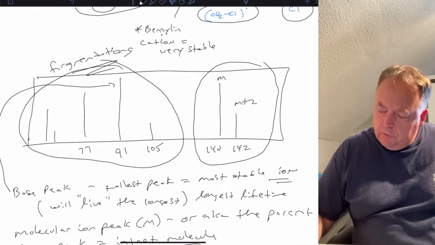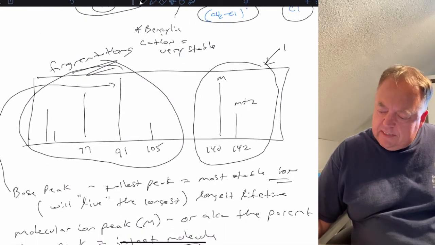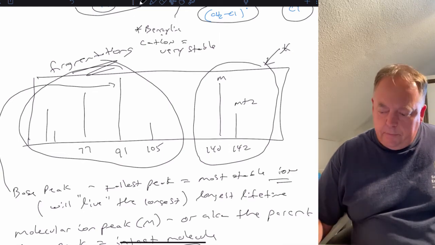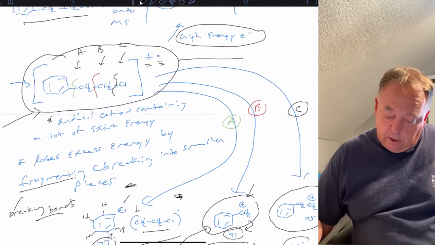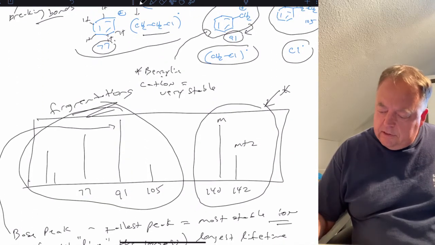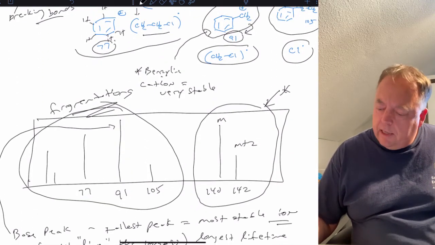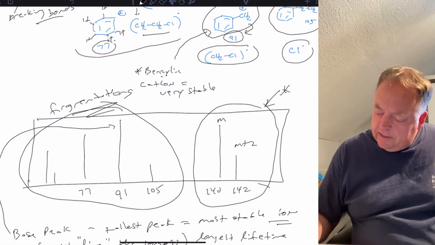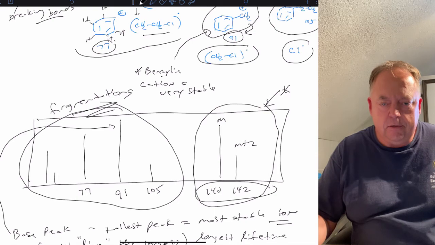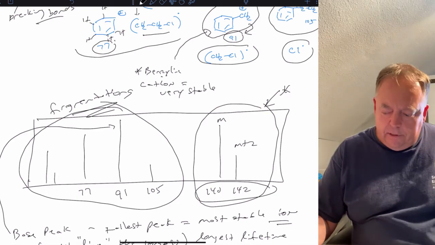So it's quite possible that you won't even see a parent ion peak because it may just break apart into smaller pieces. Ideally it lives long enough to hit the detector, because if you can see the parent ion peak or the molecular ion peak, then you get to know the molar mass of your molecule, and that's very important information.